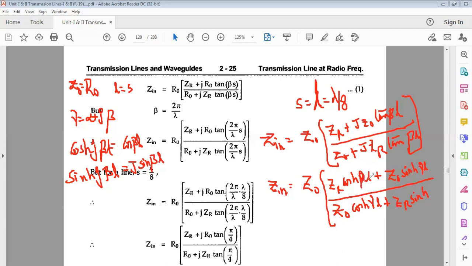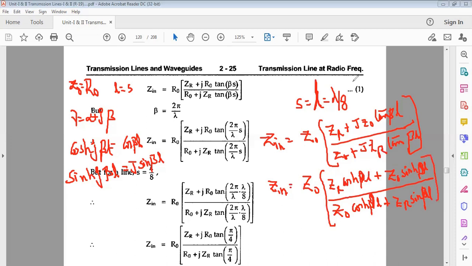In the transmission line, the propagation constant is represented as P. The gamma is also the propagation constant, but in transmission lines, we use P as the propagation constant.